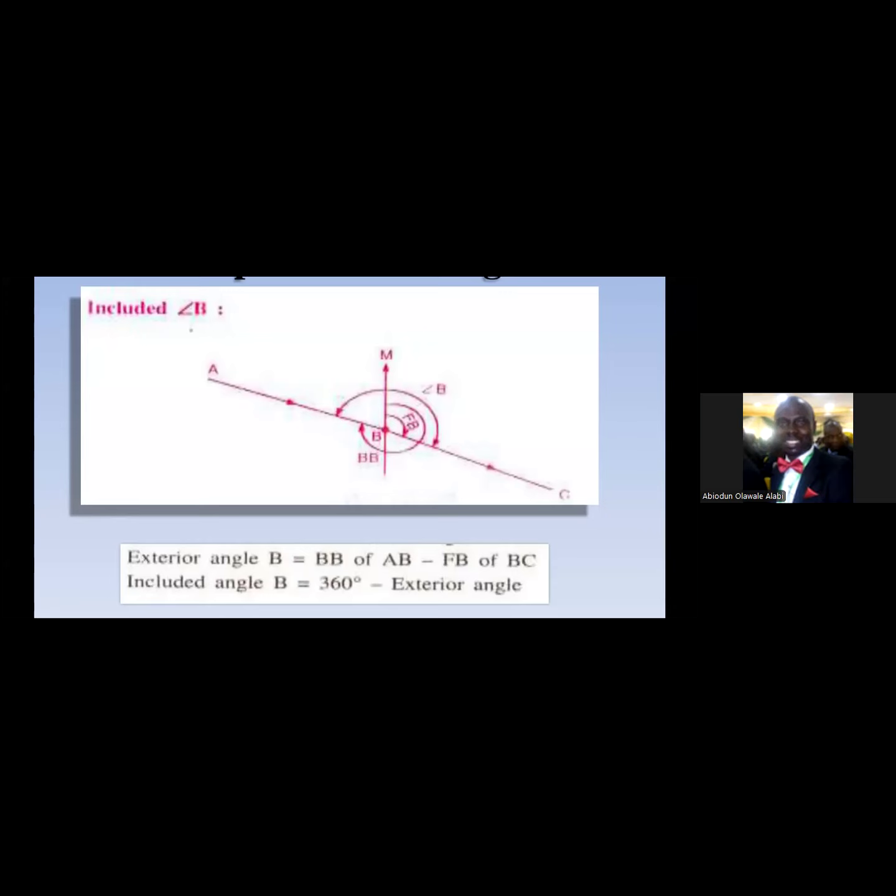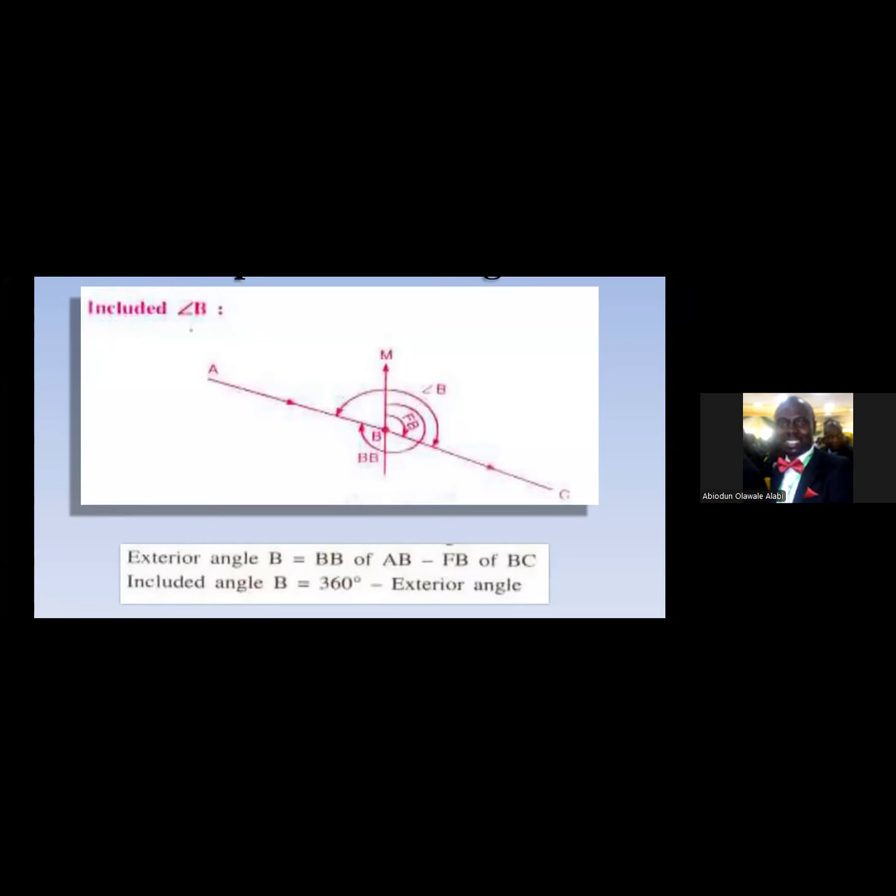So where is the exterior angle of B? As you can see in the diagram, assuming they label the center now. Let me look at the forward bearing of BC.